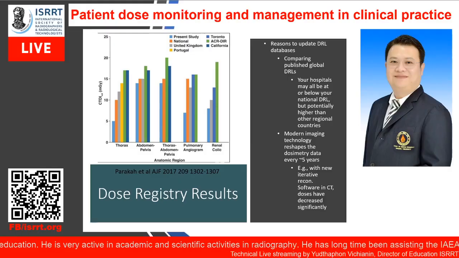When you compare to national data, UK data, Portugal data, the ACR dose index registry, or state data, you can see your benchmark. If your dose is way too high, then you have to optimize. And if your dose is way too low, you have to look at your image quality. Alright?